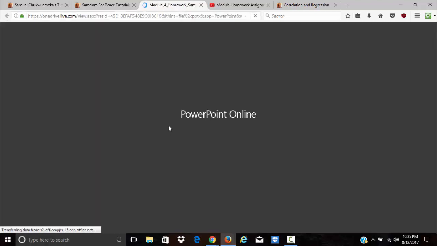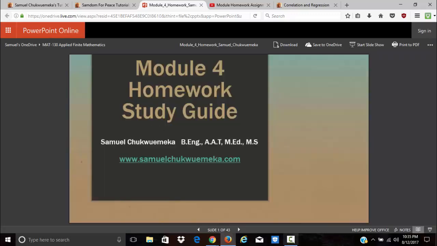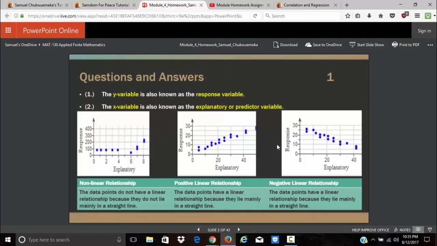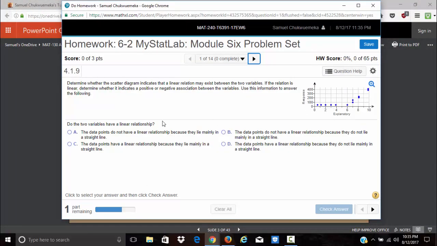Like this first question right here, I'll show you the answer right away. It was done in Math 130, Applied Finite Math. You see, this is the first question. If you look at this here, you see it's non-linear.